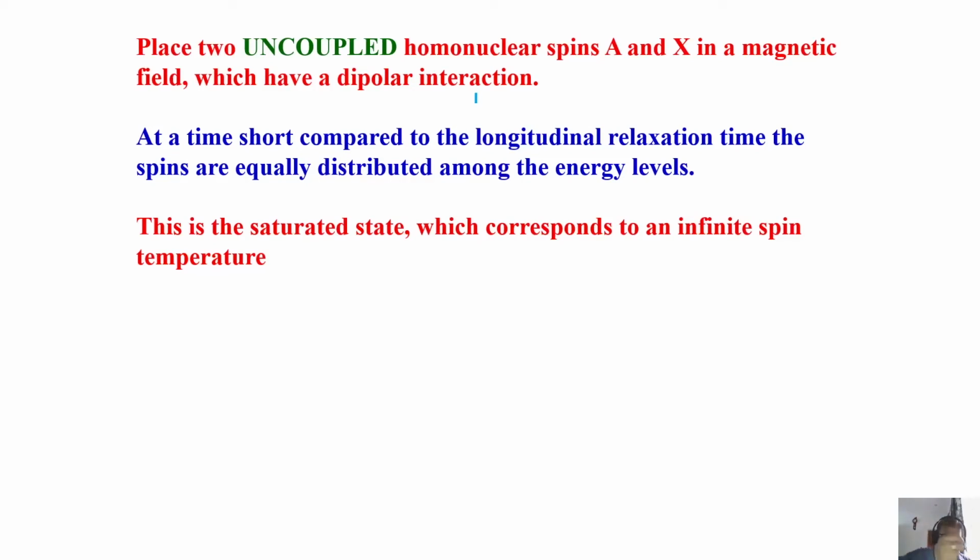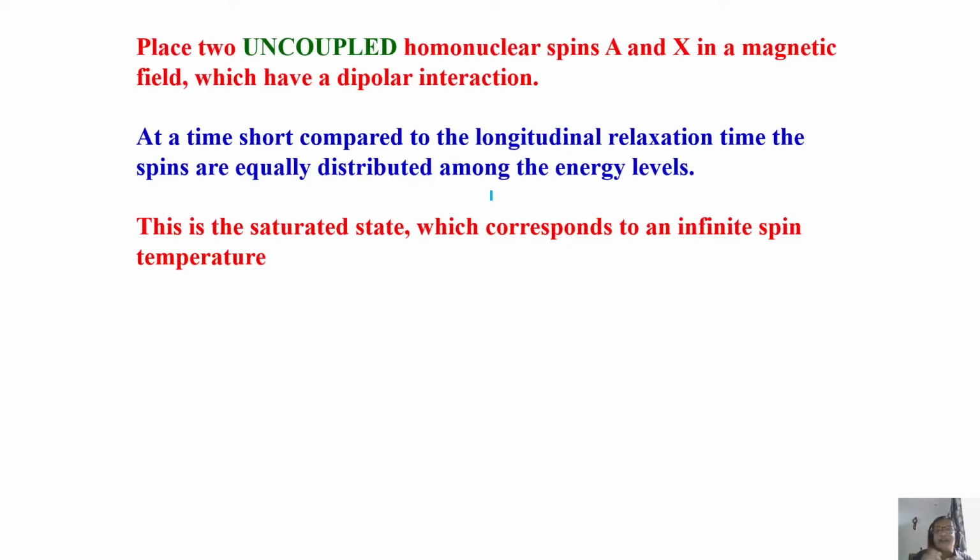Now, take the sample, put it in a magnetic field. The degeneracy is removed. Whatever degeneracy was there is completely removed. Now, the spins have to redistribute within themselves, within their different energy states, according to the Boltzmann population, right?